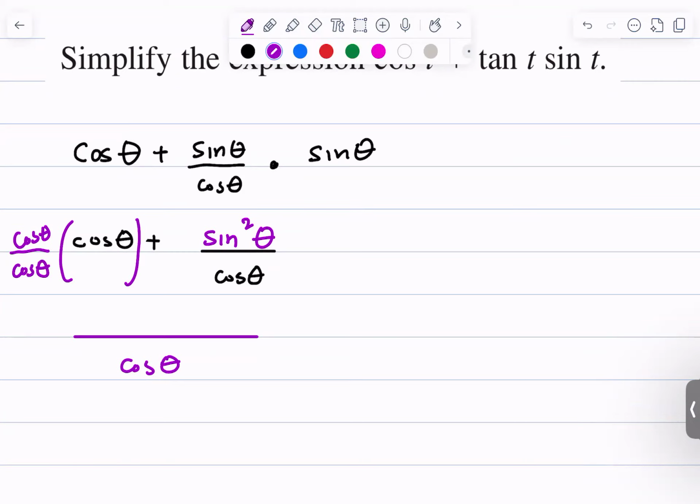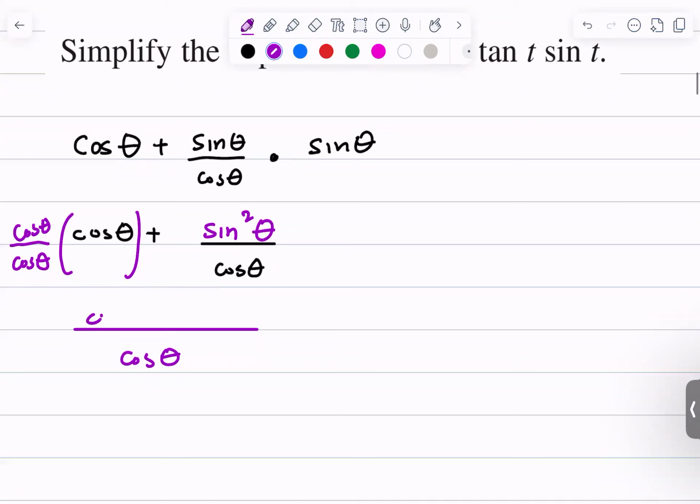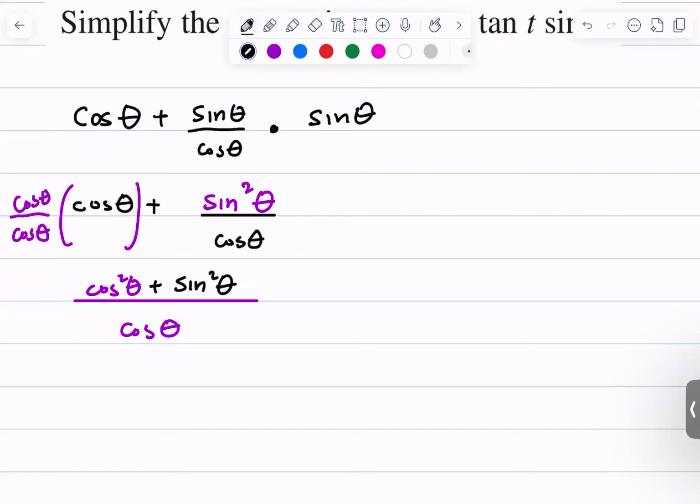Right? So cosine times cosine is cosine squared theta plus sine squared theta. Well, cosine squared plus sine squared, that's just equal to 1 over cosine theta, which is secant theta.